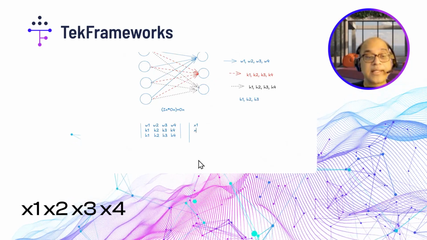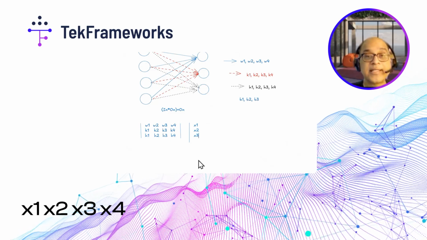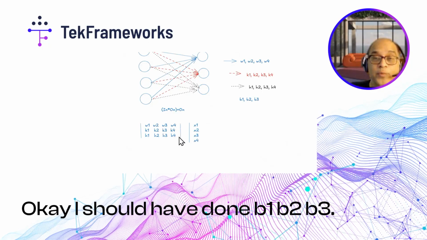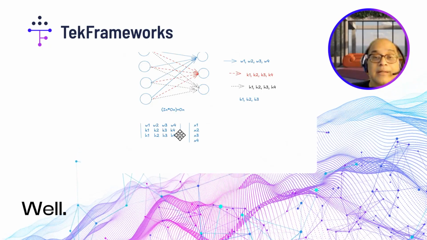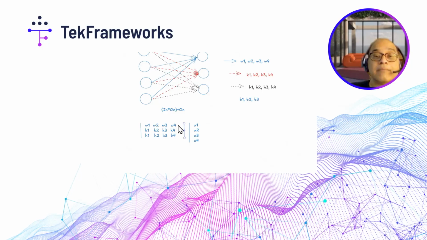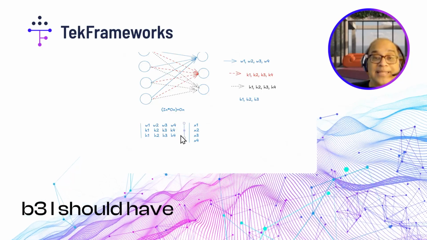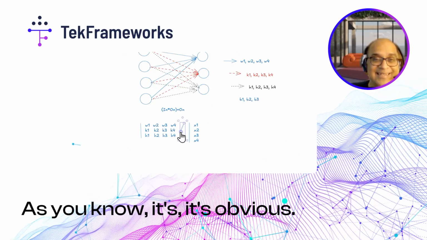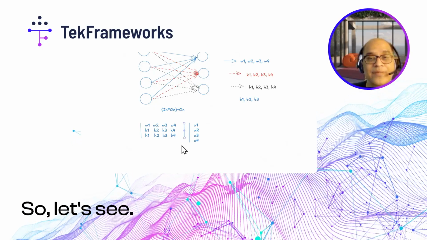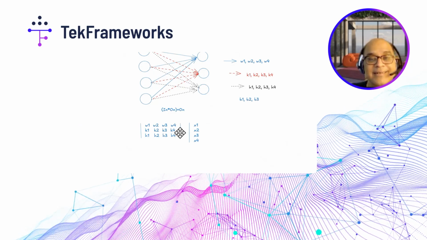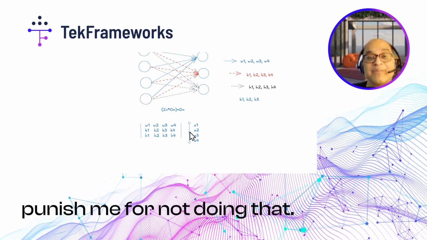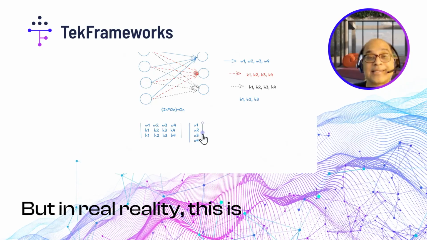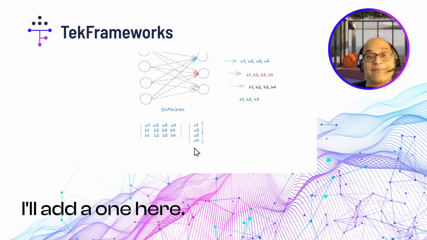I should have done b1, b2, b3, and I should have a 1 here. It's obvious, so let's not punish me for not doing that. But in reality, I will add b1, b2, b3, and I'll add a 1 here.